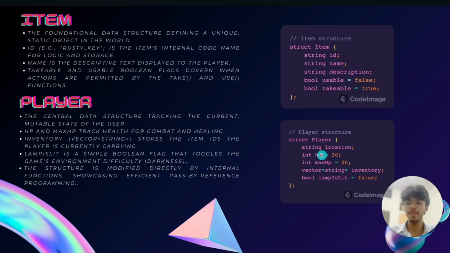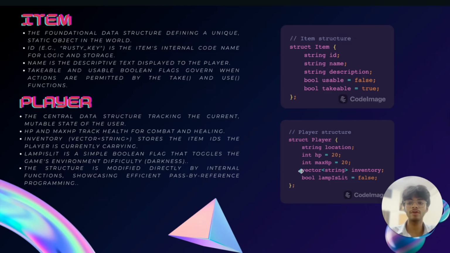Now, the player tracks our dynamic state. It holds our health HP, and max HP, which is the maximum health points which the player can have, and the current list of possessions in the inventory. We have defined here the vector string inventory, which holds all the items the player has at that point.